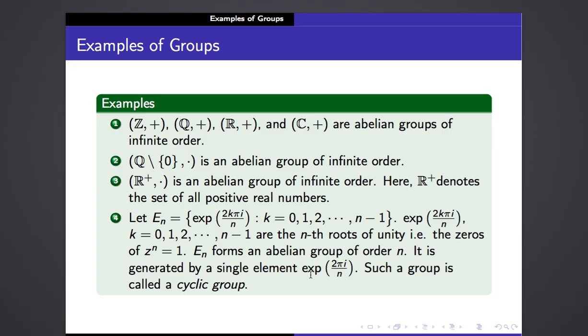That's what we mean by the group being generated by this single element. In this case, e to the 2 pi i over n is called a generator of this group. We will talk a lot about cyclic groups later on. But again, a group generated by a single element is a cyclic group.